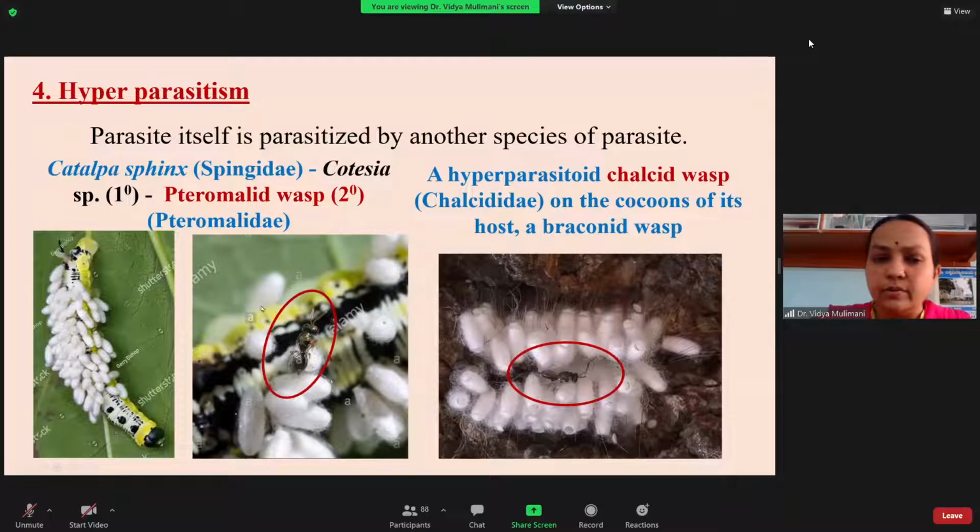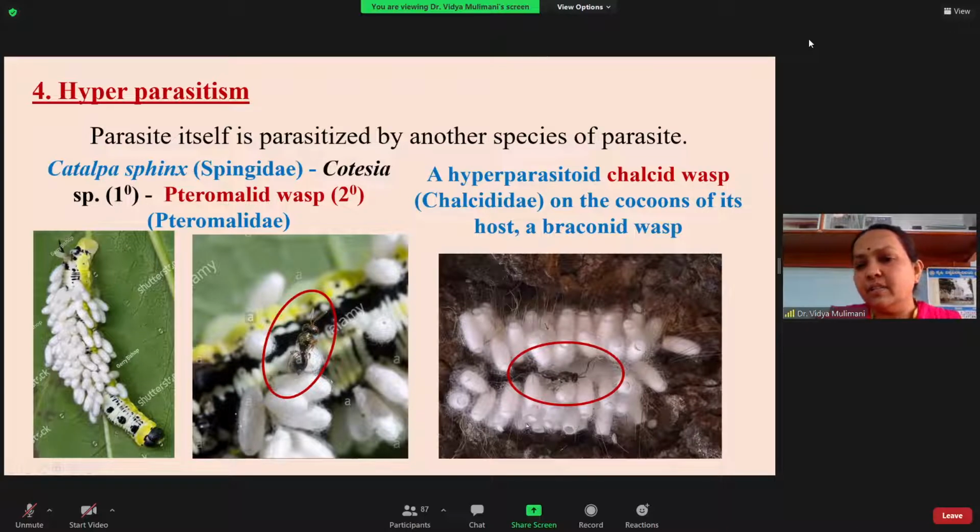Can you see the small one where I have made the circle? This is a hyperparasite which is attacking the pupa within the cocoon. This is called a hyperparasitoid, and it belongs to the family Pteromalidae, a pteromalid wasp. So this is hyperparasitism: a parasite is itself parasitized by another species of parasite.